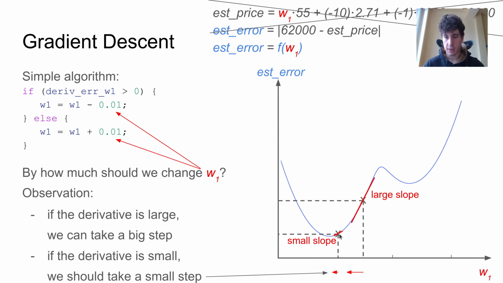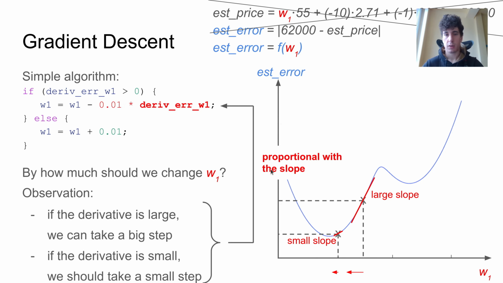But if the slope is small, if it's not that big, then we should take a small step. So in general, we would like the change of W1 to depend on the slope we have.